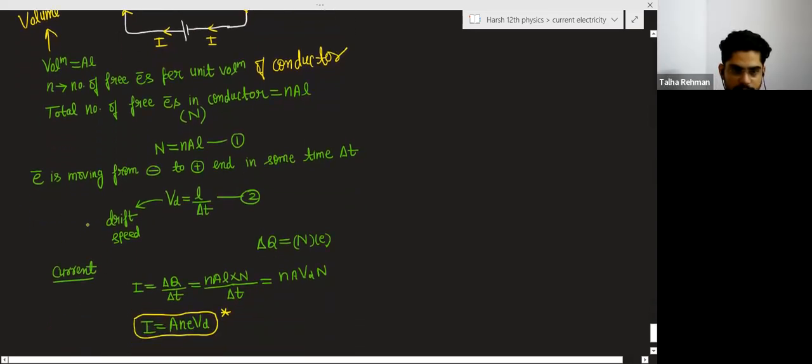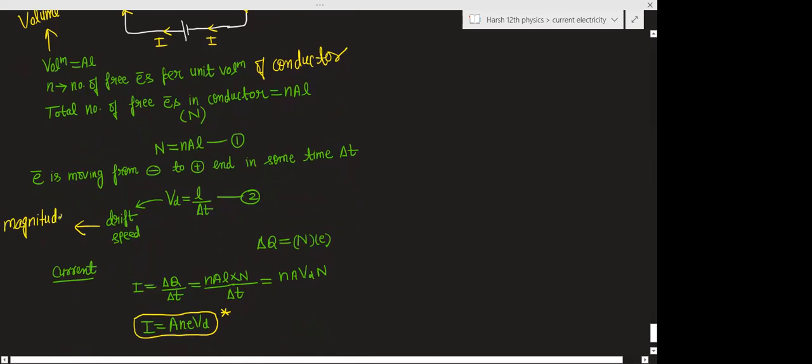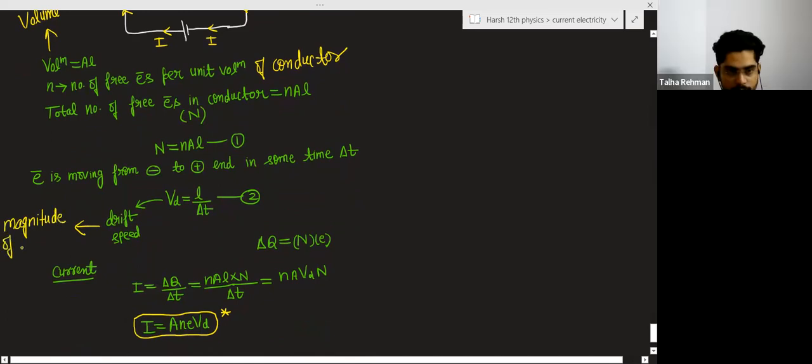And for the drift speed, you can write this is the magnitude of drift velocity. The magnitude of drift velocity is also called drift speed.